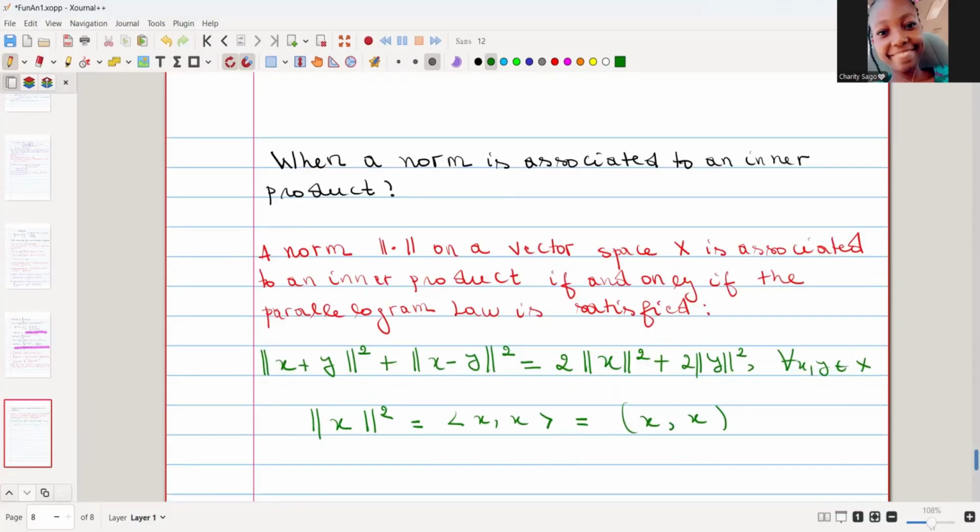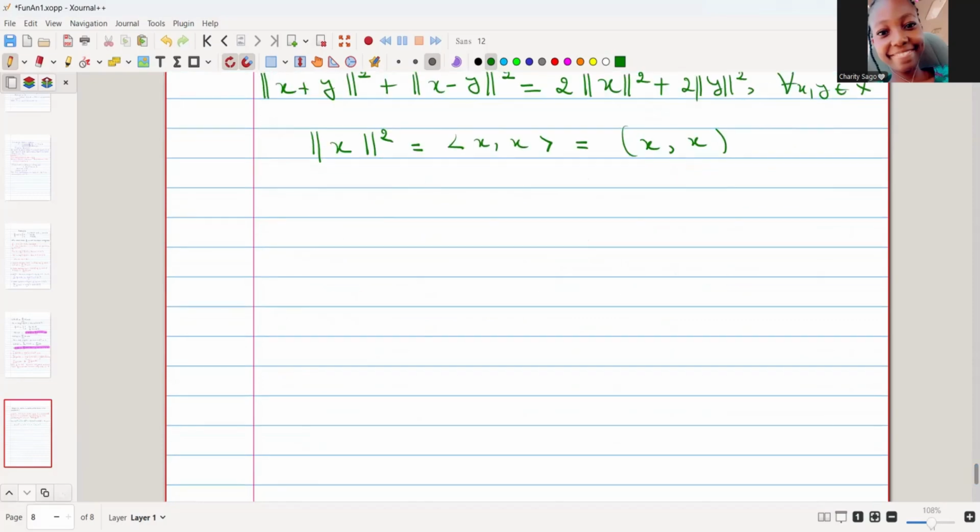Next one. It is written exercise 6. So you have X, which is given by the set of continuous functions from minus pi to pi in R, endowed with the uniform norm.